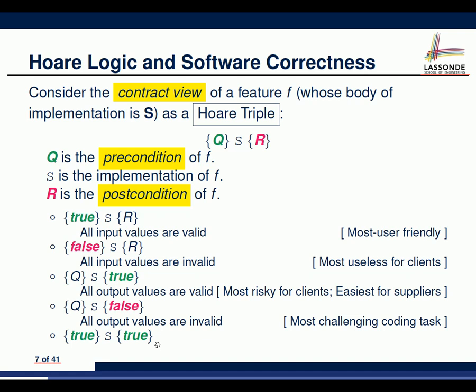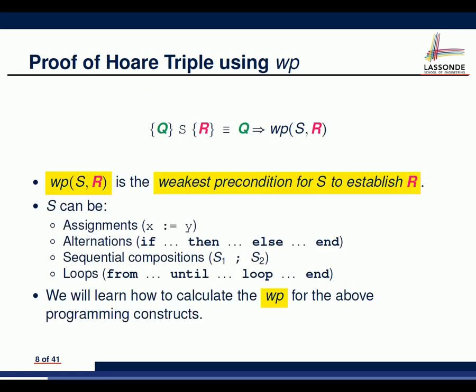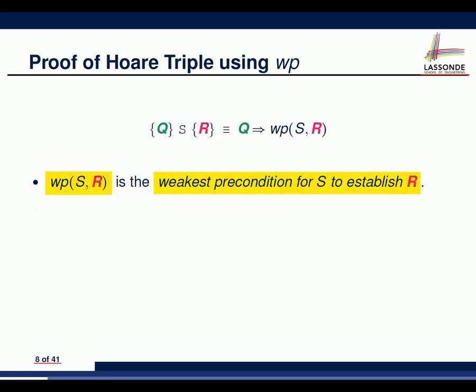All right, that's good. So these are the two examples, and then let's go on. So now how do we calculate the weakest precondition? The Q and R are simply just predicates. That's something we are very familiar with. Now, there are many different cases for S, the implementation.